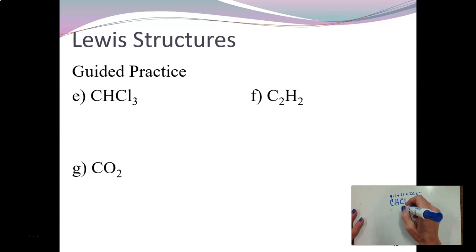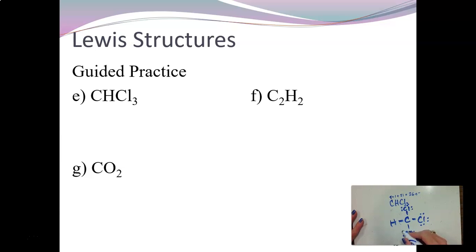We're going to hook chlorine, chlorine, chlorine, and a hydrogen, each with a bond. Well, carbon has its octet, 2, 4, 6, 8. Hydrogen has its duet. We're going to put lone electrons here on chlorine, right there, and check to make sure that we have 26 electrons and we didn't just throw tons of electrons in here where they shouldn't be.